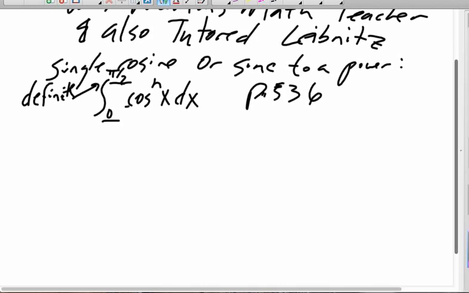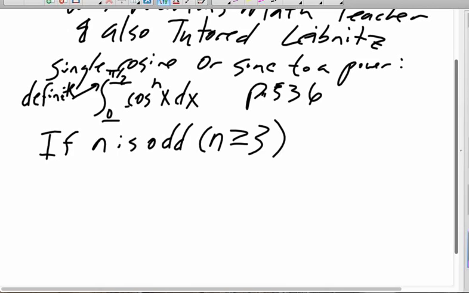So here's the two. So if n is odd, and n is going to have to be bigger than or equal to 3. If n is 1, you don't have to use Wallace's, all right? If n is 1, that's just simple and straightforward.